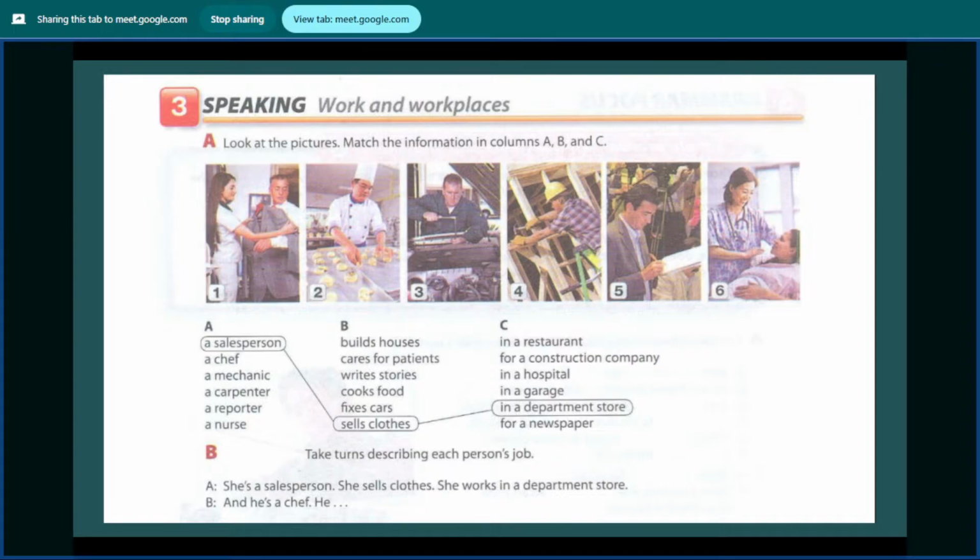Buildings, houses, बिल्डिंग आहे का लिहिलेलं तिथे? Builds. बिल्ड्स काय पुढे? फास्ट रीड करा एका सेंटेन्स मध्ये. इट्स वन सेंटेन्स. For a construction company.